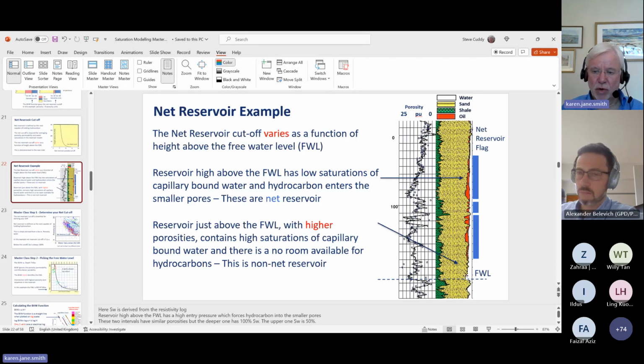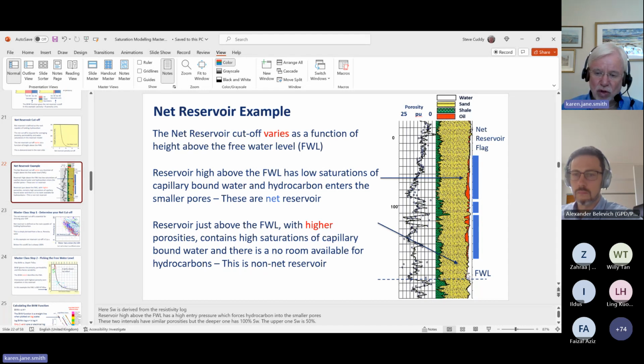There's no transition zone. This is non-net because the capillary bound water is equal to the porosity. So when BVW is equal to the porosity, that is fully water saturated, and you will get this just above the free water level, because this is the shape of the BVW curve there.